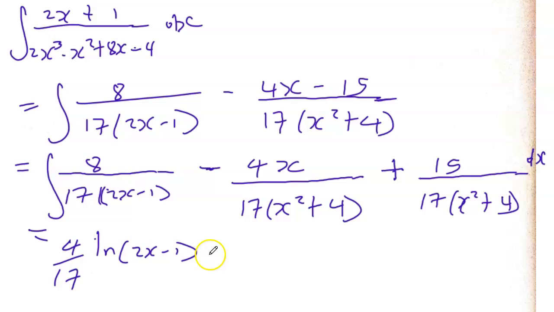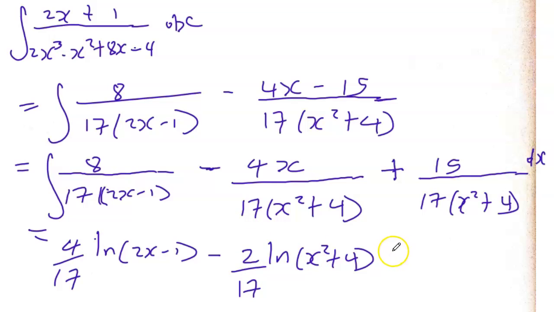Here, likewise, log the denominator, you get ln x squared plus 4. Differentiate x squared plus 4, you'll get 2x, but you actually want 4x. Right? So you have to multiply it by 2. And remember the 17 in the denominator here. So of course we have 15 over 17.